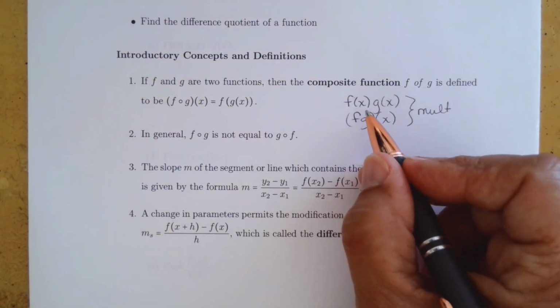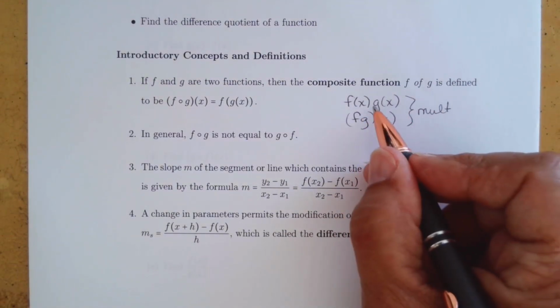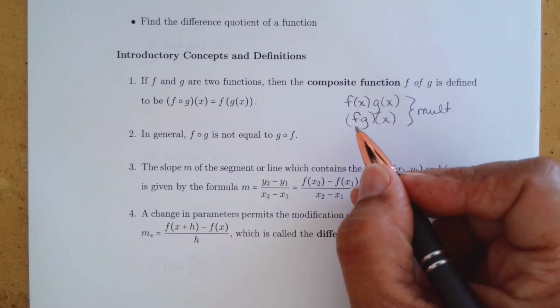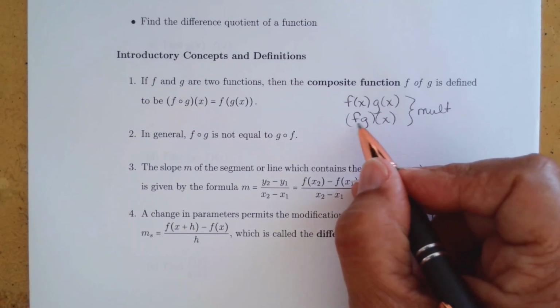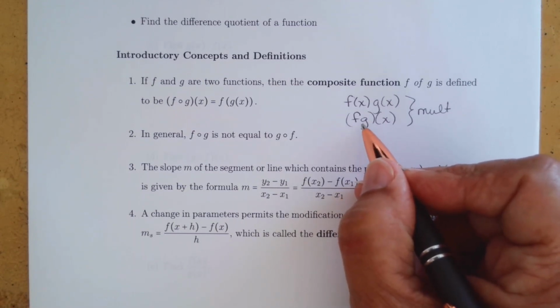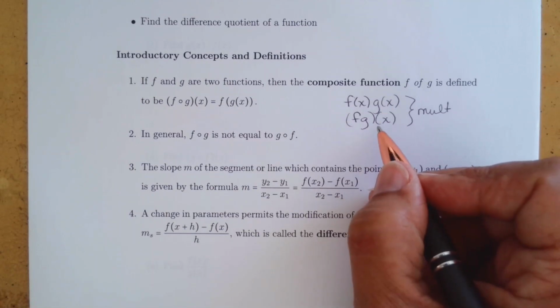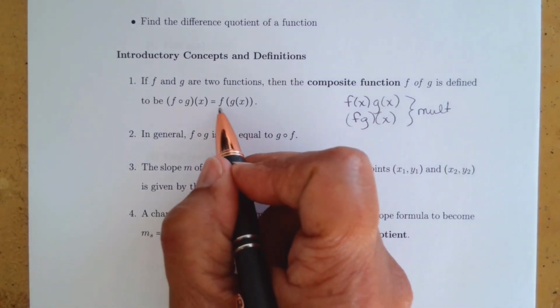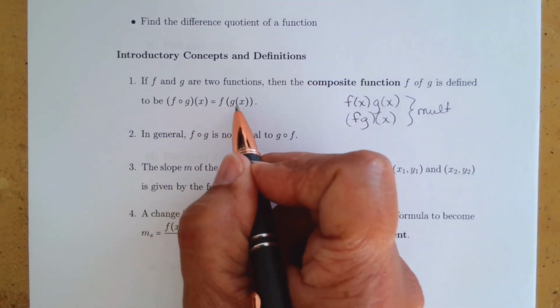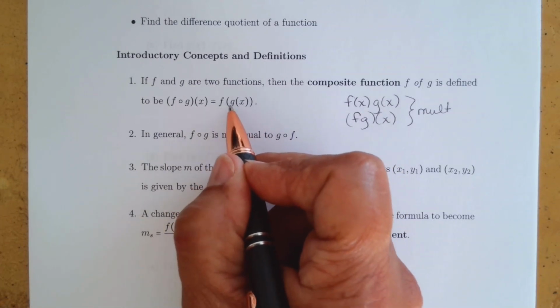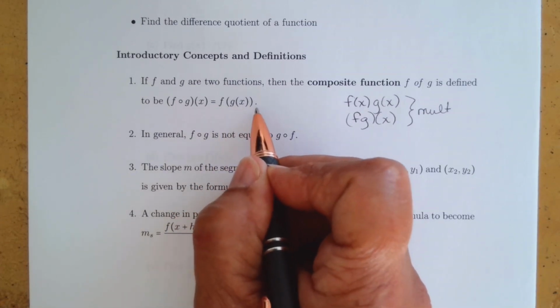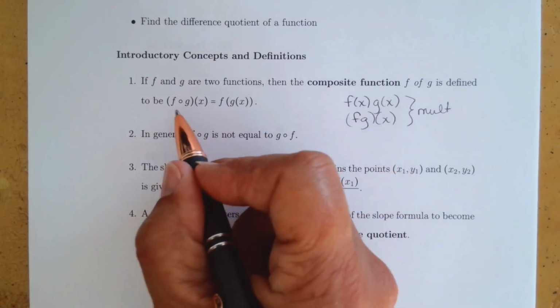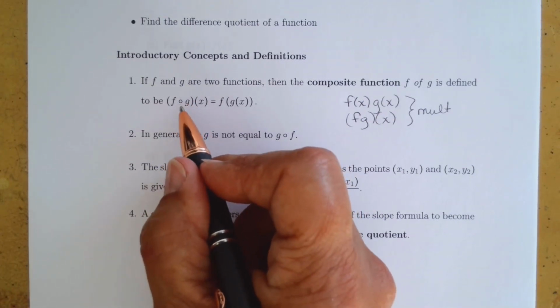This says f of x times g of x because there's no symbol between the two. This says f times g because there's no symbol between the f and the g. So both of these are multiplication. But this one, f of g of x, there's parentheses around each of the next things. That's composition.